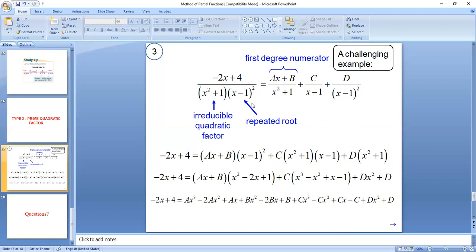But it's already a challenging example because you have a combination of a quadratic factor and a repeated linear factor. Now, how are we going to process this? What I have written here is the expansion of the equation after it was multiplied by the LCD. I'd like to show you the entire process using the Jamboard. So I will share the Jamboard again so you could see the entire procedure.